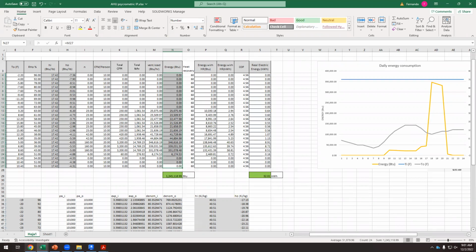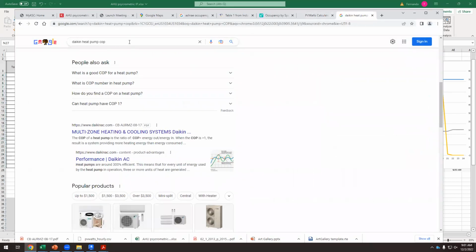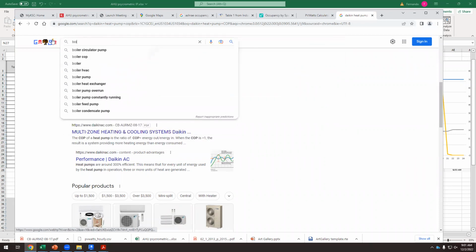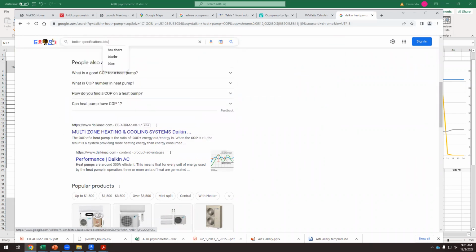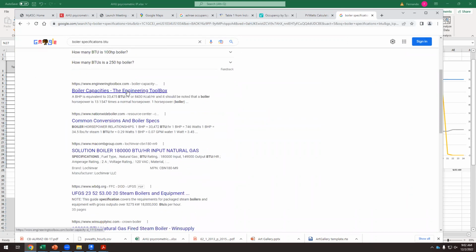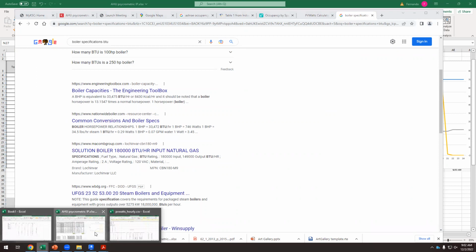Okay, so if we have to find a boiler, in BTUs, okay, so this boiler, we have 180,000 BTUs. Is it enough?